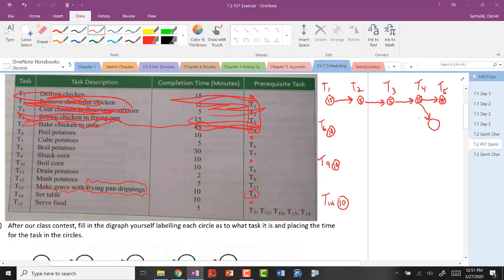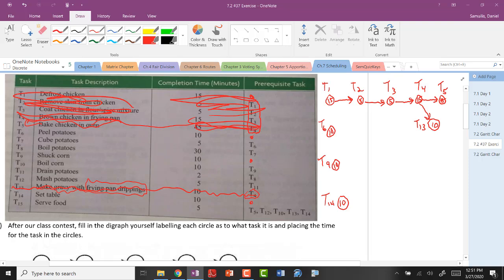That is T13, which is make the gravy, which is a 10 there. That's tied to that little link there.